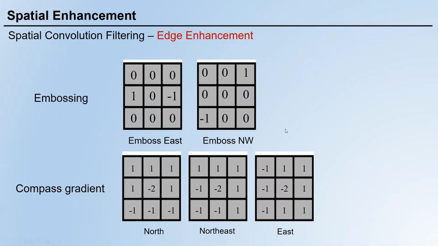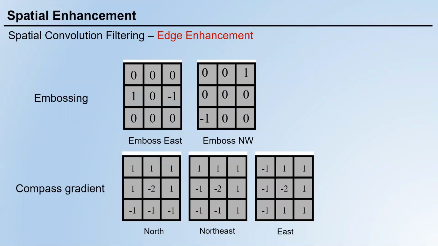Similarly, like I said, different scientists and researchers have created different mask templates for us to use in our daily research, in our daily work. Some of them are listed here. Another type is called campus gradient, where different coefficients are assigned to different pixels within this 3x3 window.